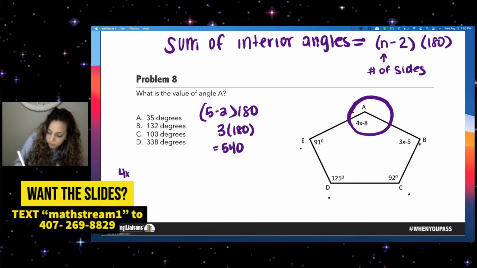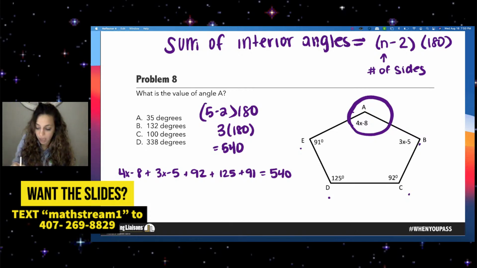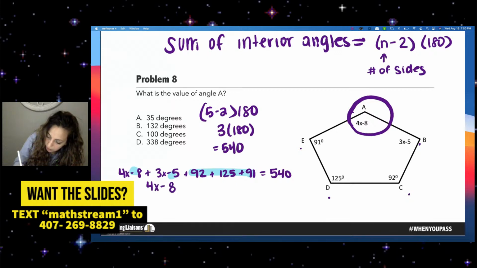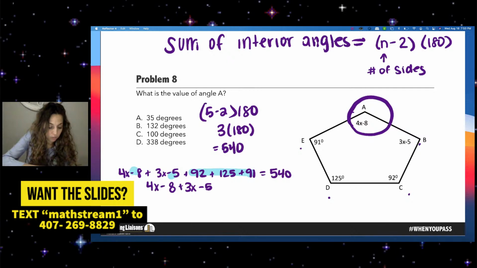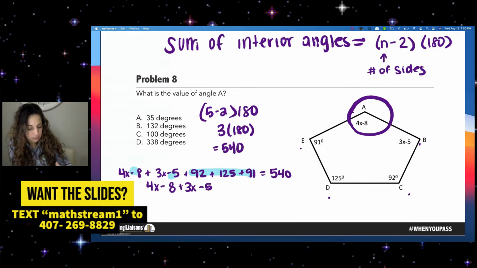A plus B plus C plus D plus E equals 540. First thing I'm going to do is go ahead and combine all of my constants together. So I have 4x minus 8 plus 3x minus 5. And I am going to use a calculator for this one just for time's sake. But if you didn't have a calculator, you could easily do this by hand.